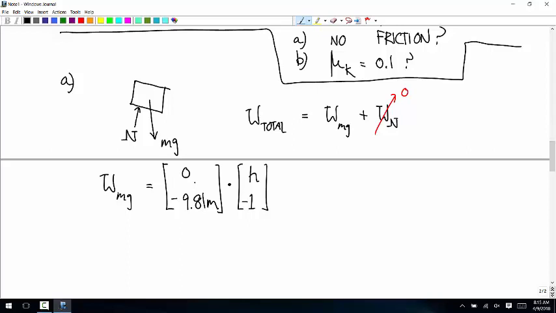all right, so notice that I didn't even bother to calculate the horizontal component of the displacement. I just called that h, because of what happens when we take this dot product. 0 times h, no matter what that is, that goes away. Plus negative 9.81 m times negative 1 gives us a total work of positive 9.81 m newtons.